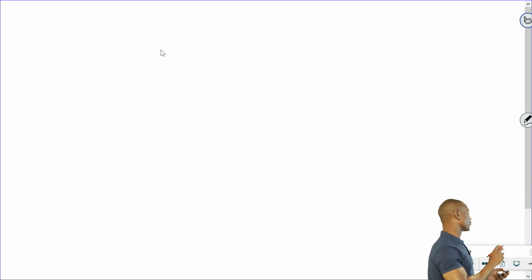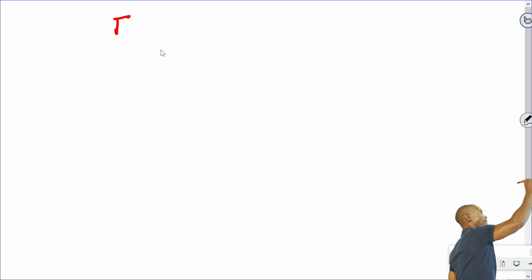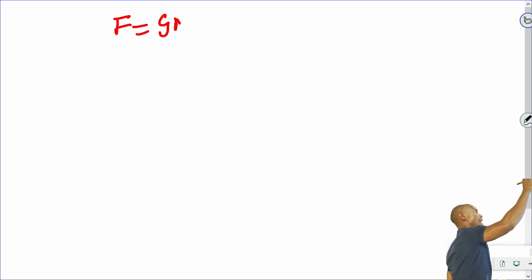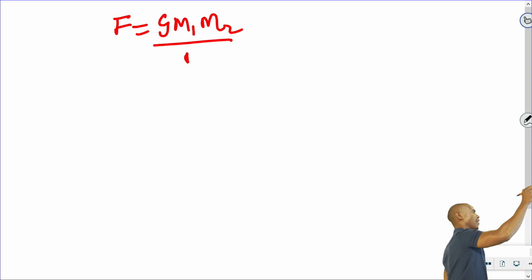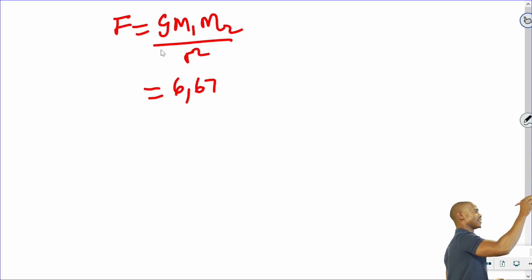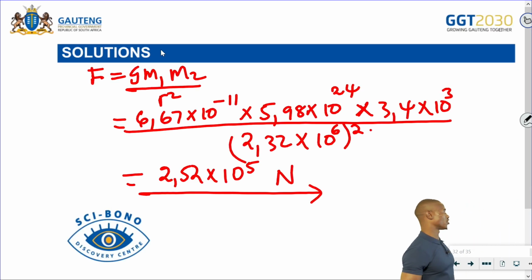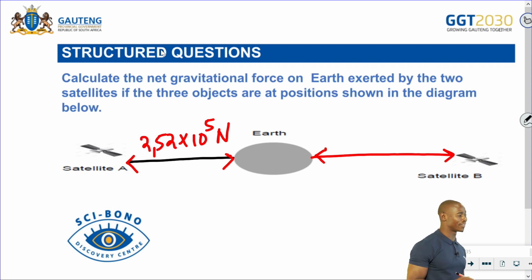So we can calculate it. F equals G M1 M2 over R squared, where G is 6.67 times 10 to the power negative 11. Let's go back and check the mass of this satellite.